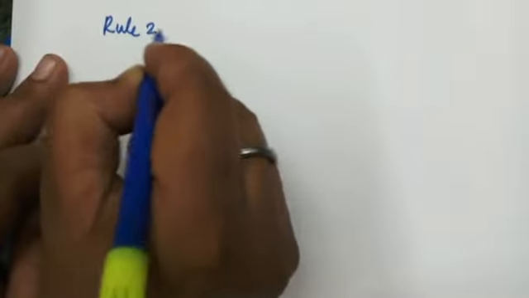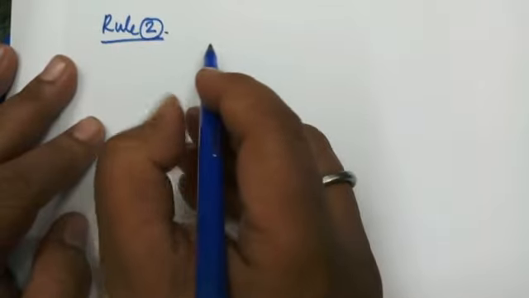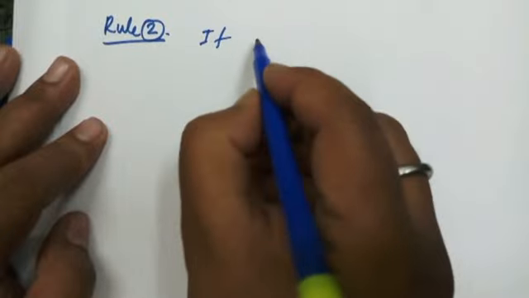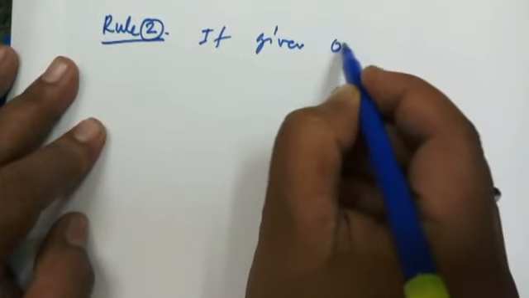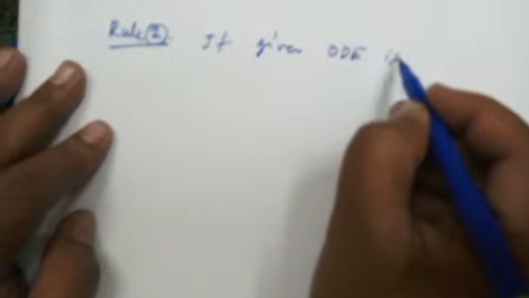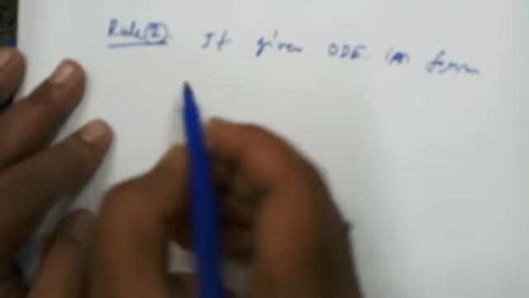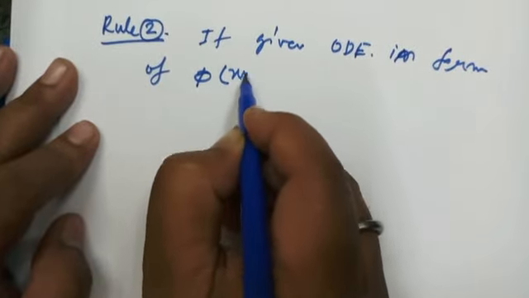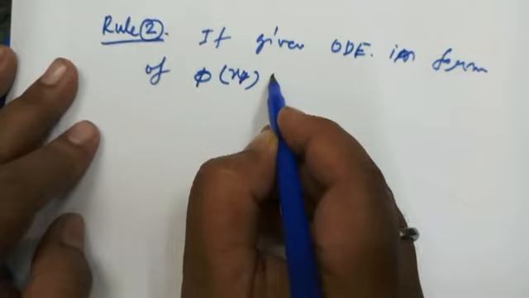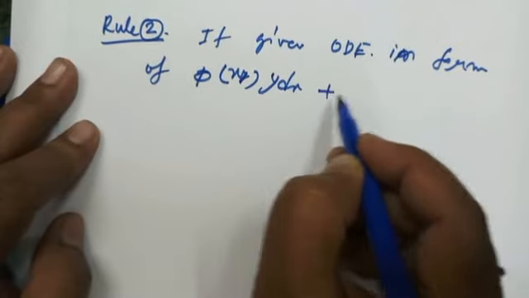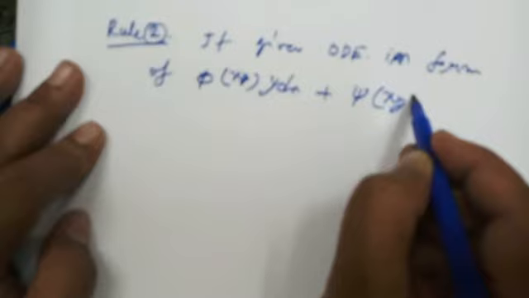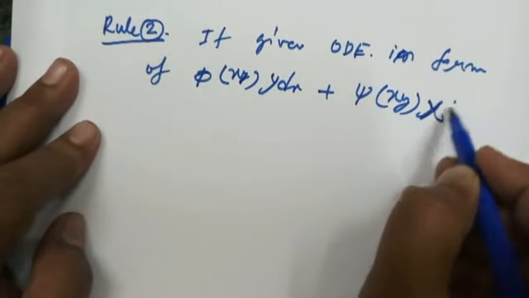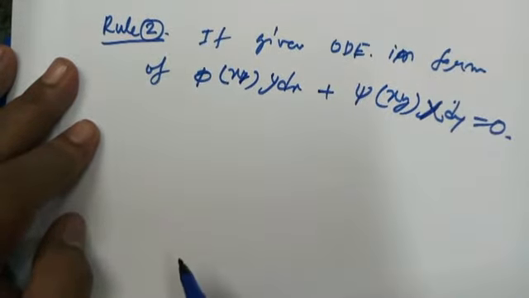Okay, next rule number 2. Rule number 2 is, if the given ODE is in the form phi(xy) y dx plus psi(xy) x dy equals 0.